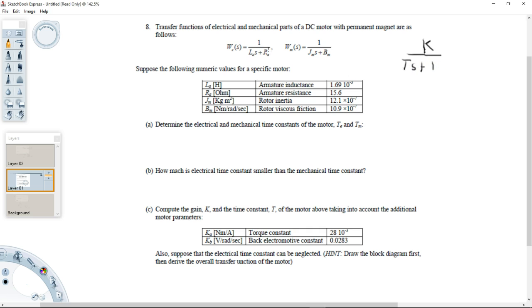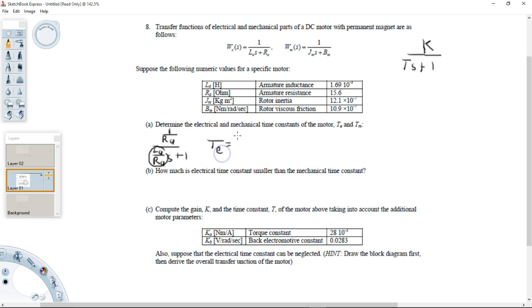So to get that into this form, you need to divide by RA for each one, and you'll get something like this. You have 1 over RA over LA over RA s plus 1. So your time constant here is LA over RA.